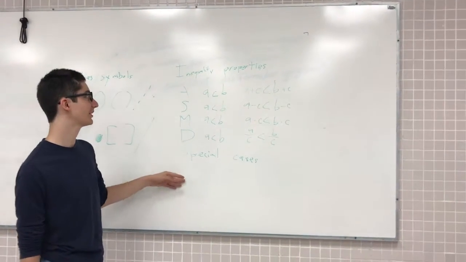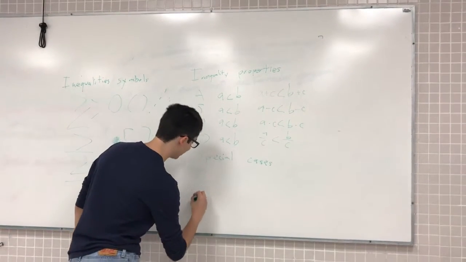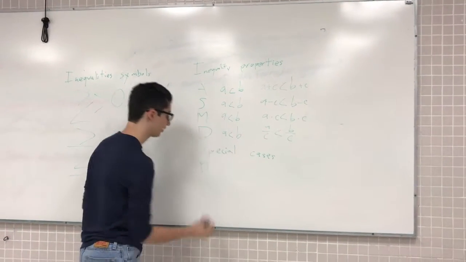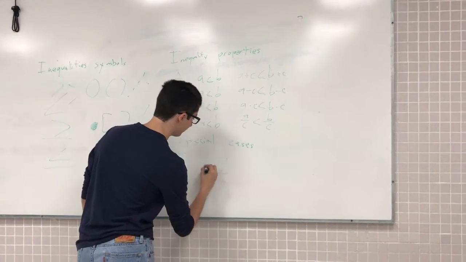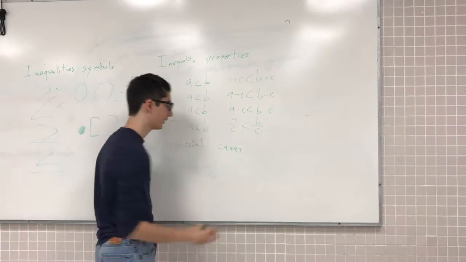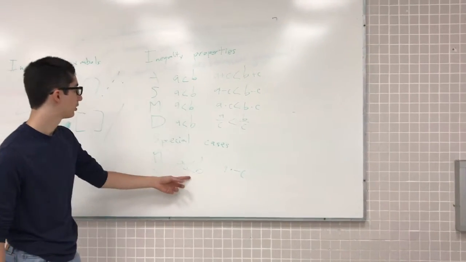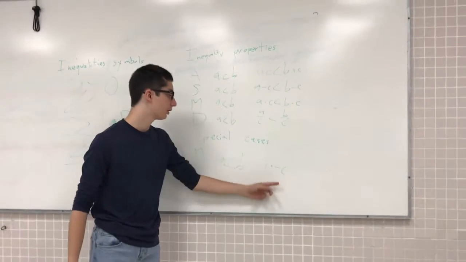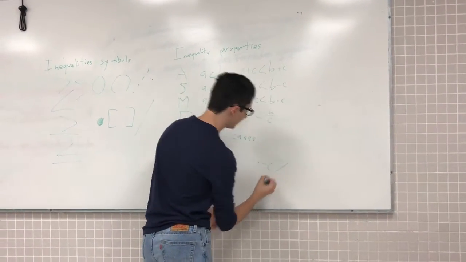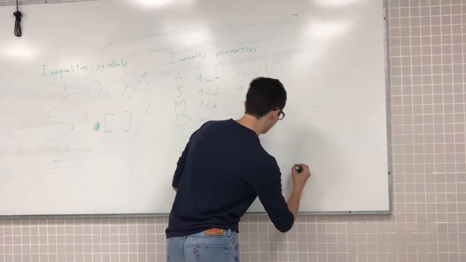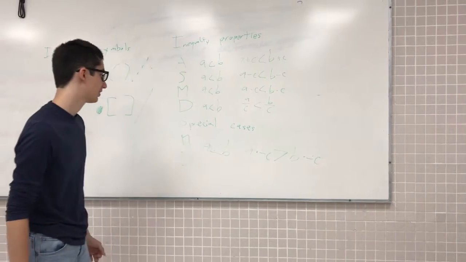There are some special cases for the inequality properties. These are in multiplication and division. In multiplication, when we have A is less than B, if we have A times minus C, the position of the symbol will change due to the negative sign in the C. So now it will be A times minus C greater than B times minus C. And the division is the same.